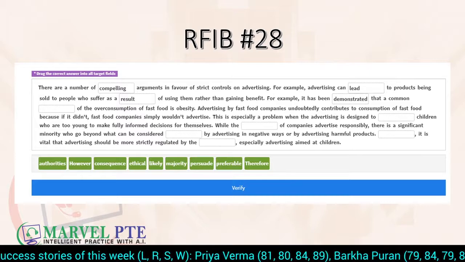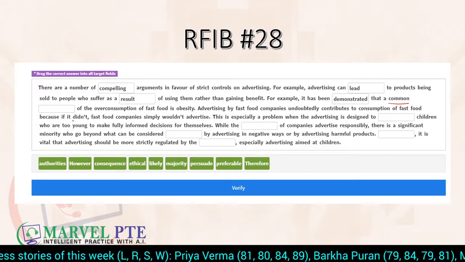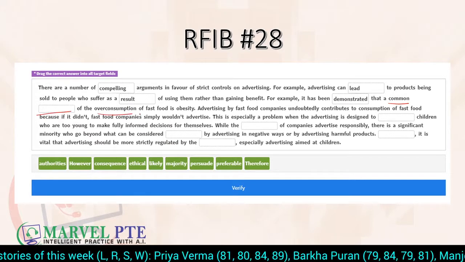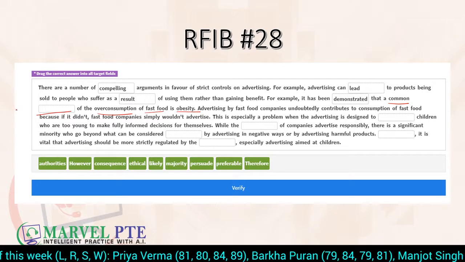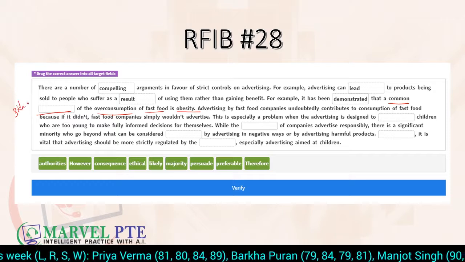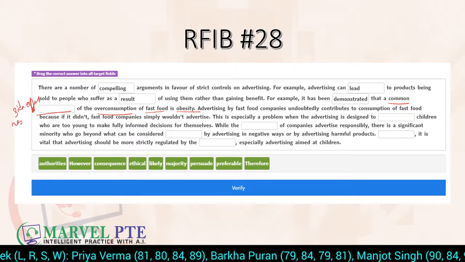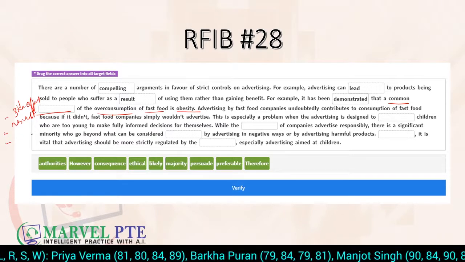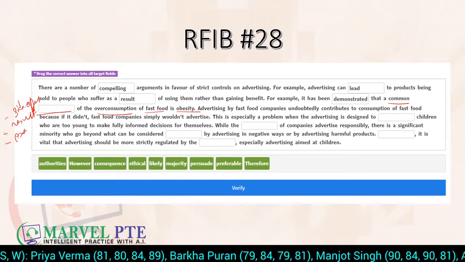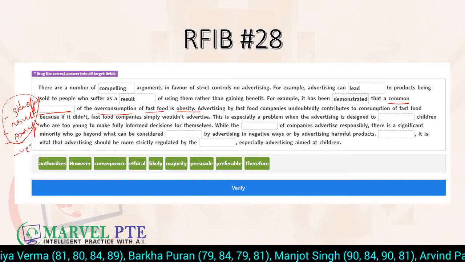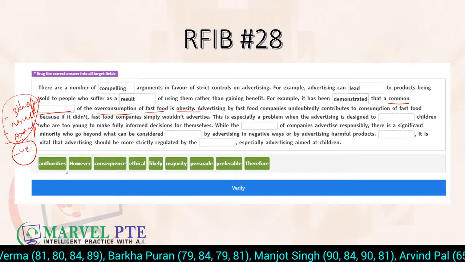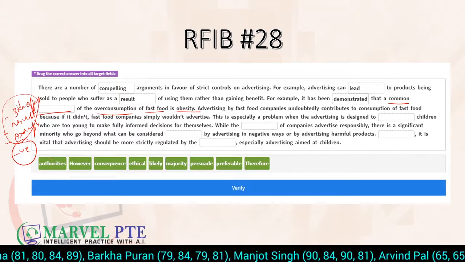Now we are going to see the next blank: a common something of overconsumption of fast food is obesity. Common what? Side effect you can say, or result, or a common example. These words have negative connotation, so let's see which have negative connotation.